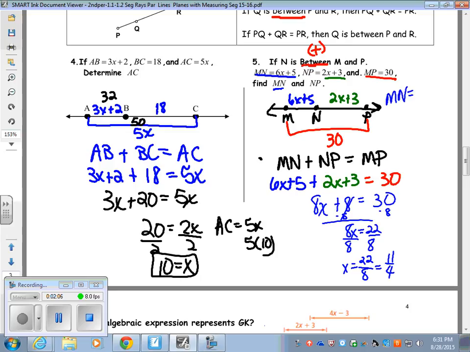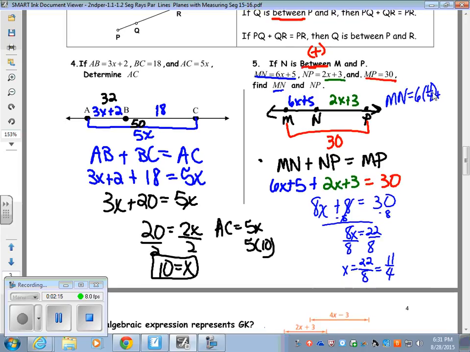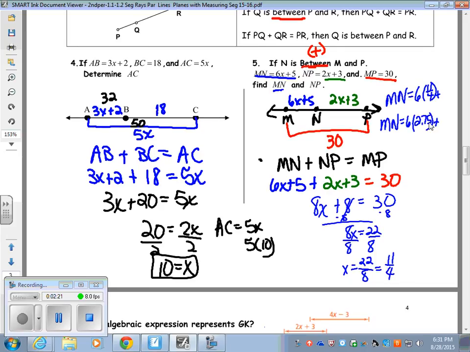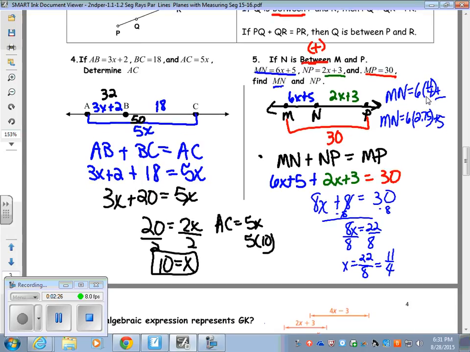MN equals, I can say 6 times 11/4 plus 5. Oops, I'm running out of room. Sorry. Or I can say 6 times 2.75 plus 5. I think I ran out of room again. There we go. Alright. So, hopefully when you do that, you get that MN is going to be 21.5.